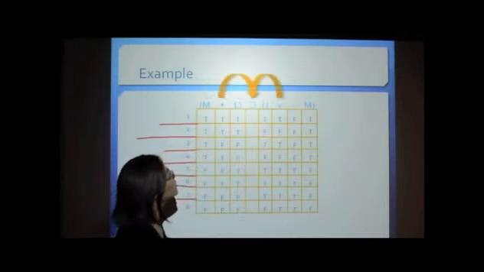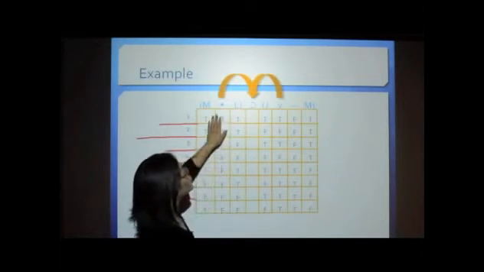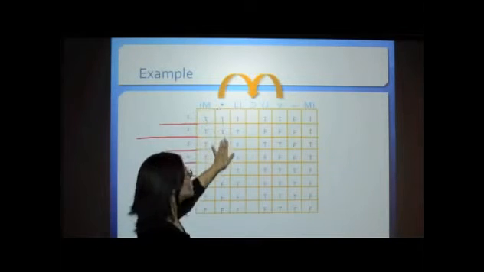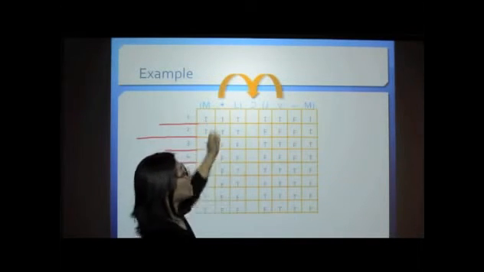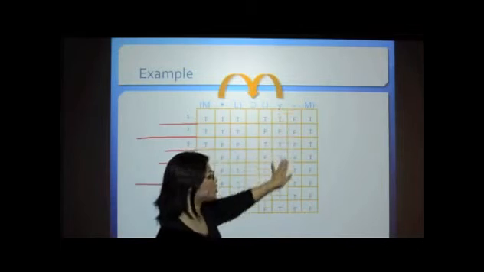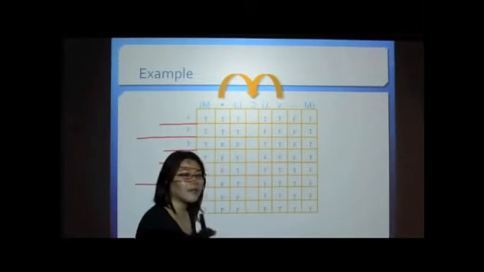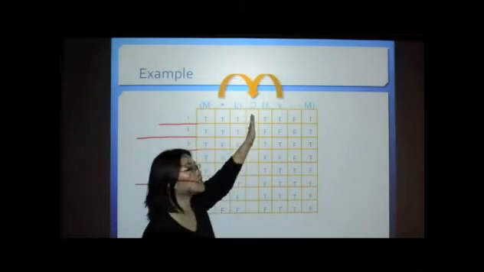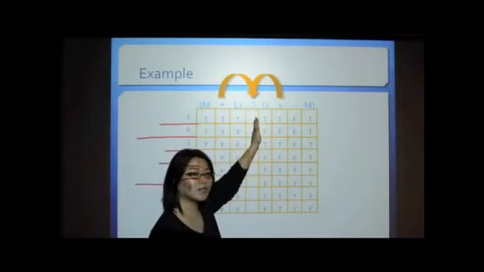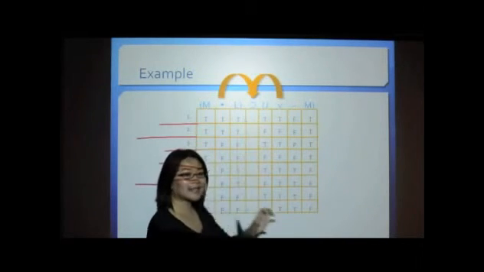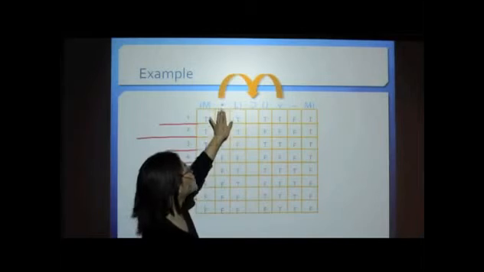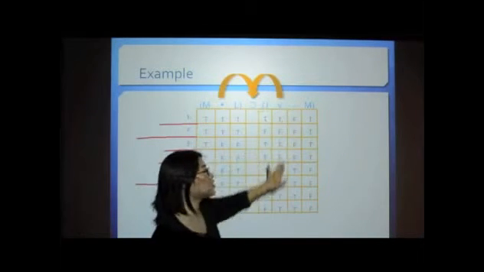So we will be using the truth values for the conjunction here and the truth values for the disjunction, because those are the main parts that make up the conditional. This conditional statement has as its main parts the conjunction and the disjunction.